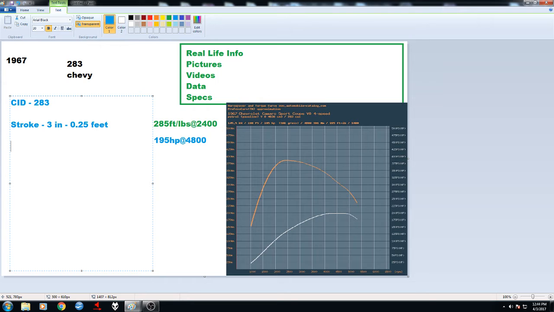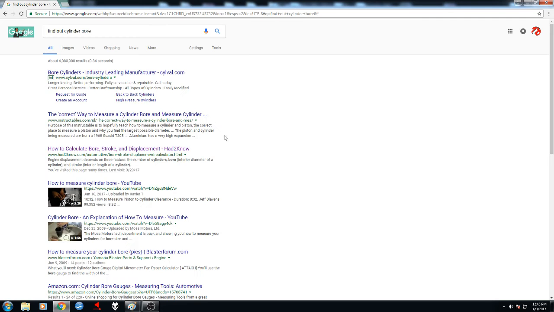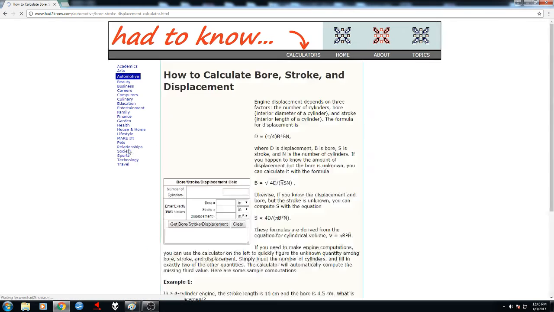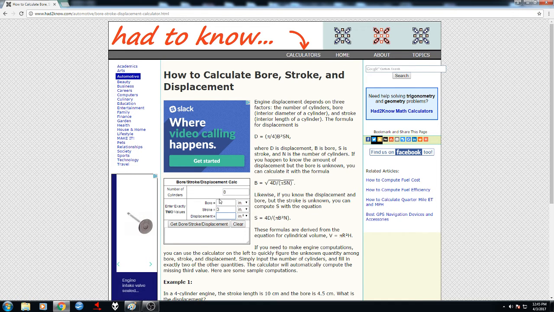From there we could calculate our piston area. Let me use an online calculator for that. Find out cylinder bore. That is what I'm going to do here. Little website: 8 cylinders, 3-inch stroke, a 283 cubic inches displacement. It gives us a bore of 3.875.